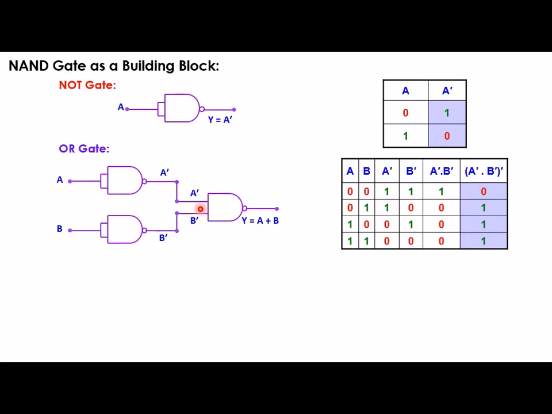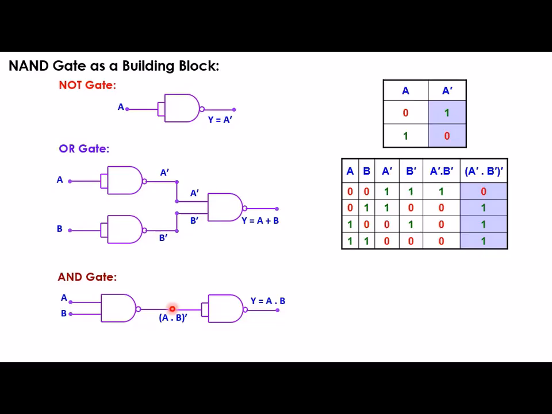So let us try to realize an AND gate using a NAND gate. For that, again take a NAND gate. The inputs to that NAND gate are A and B, and in that case the output of the NAND gate will be the complement of A into B. Now feed that to another NOT gate, which we can realize using a NAND gate like this.